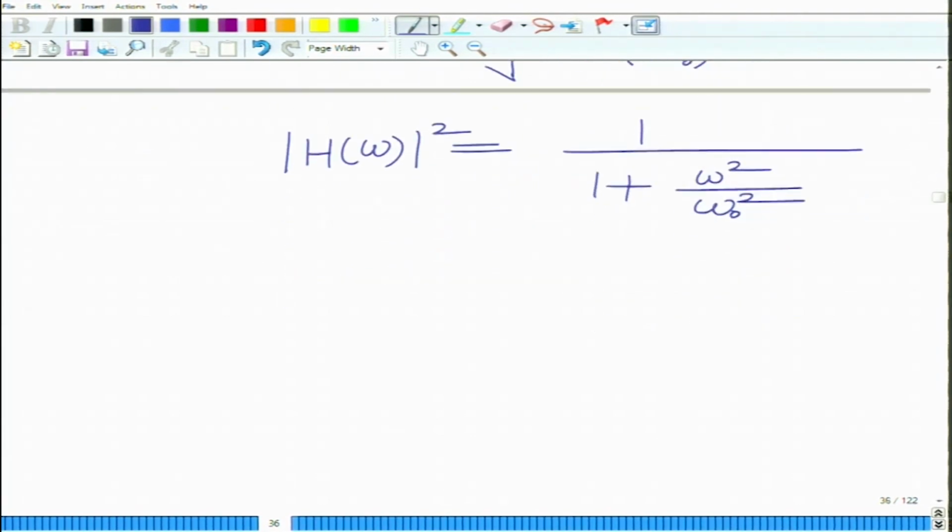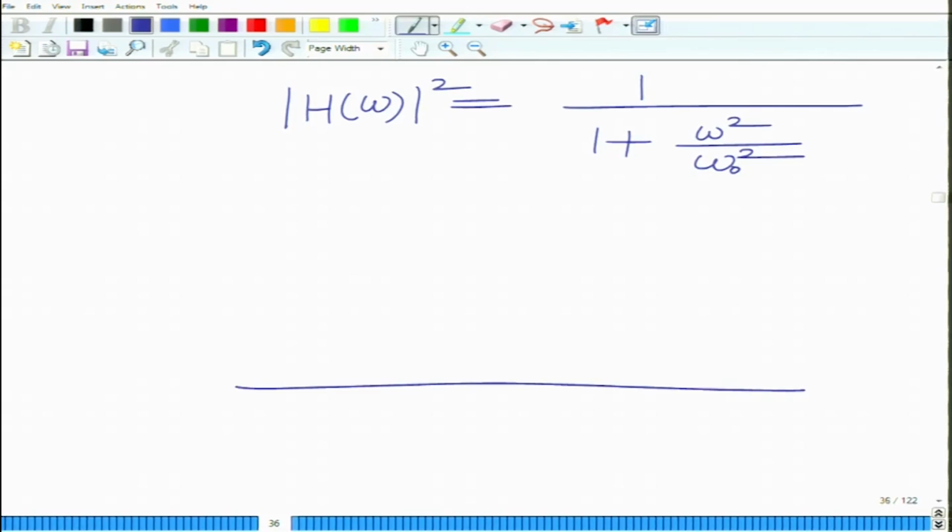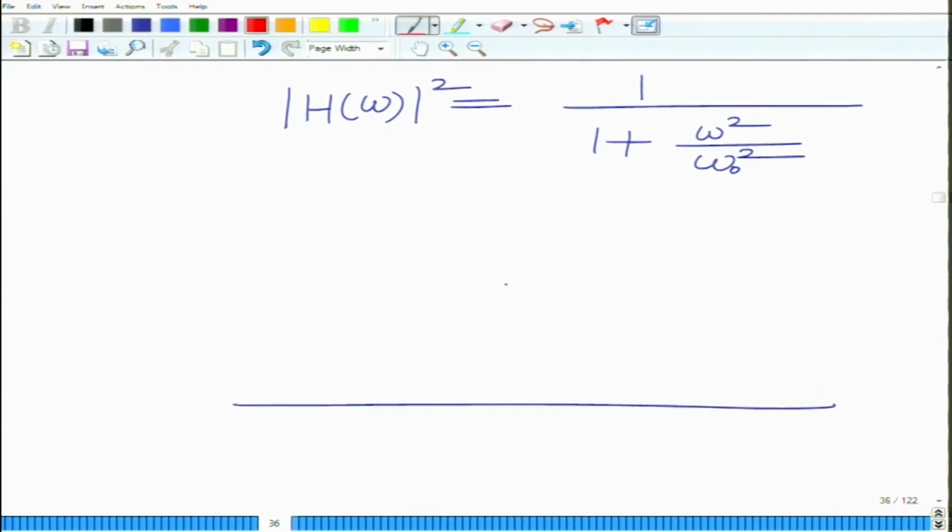And if you look at the magnitude response, it is easy to see something: at omega equal to 0, magnitude H(omega) squared equals 1. As omega tends to infinity, omega squared tends to infinity.